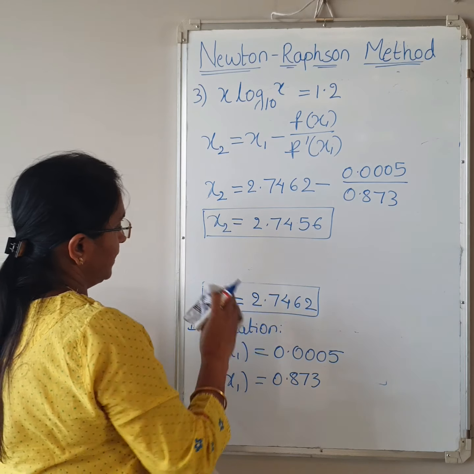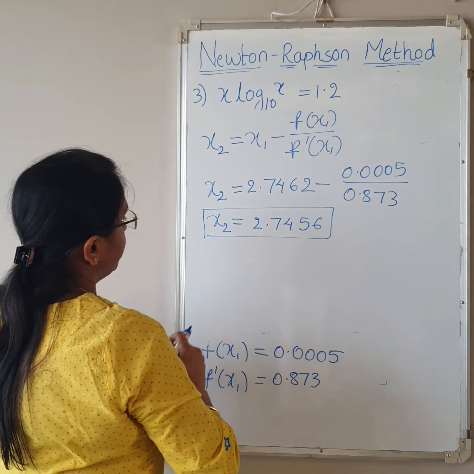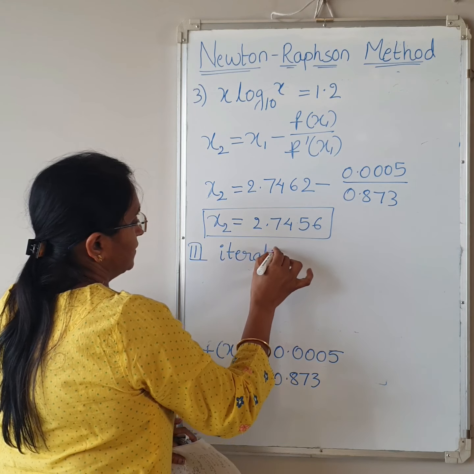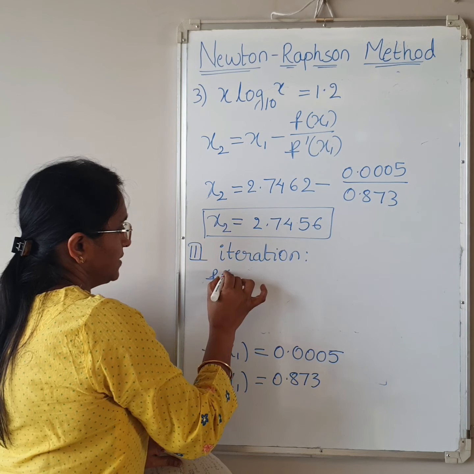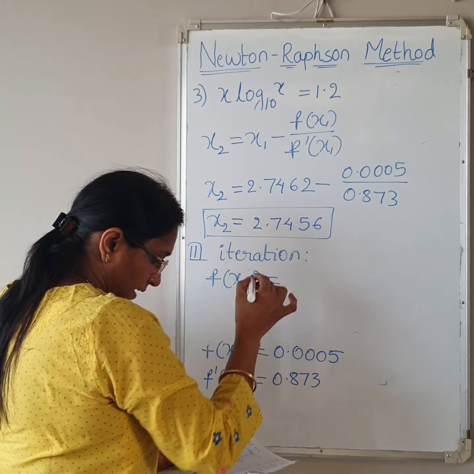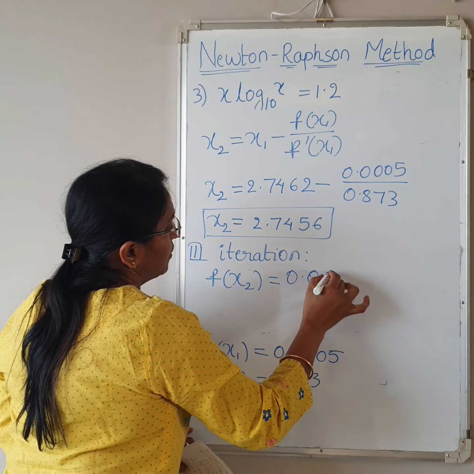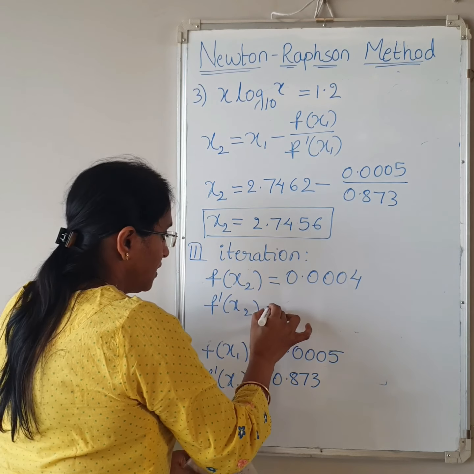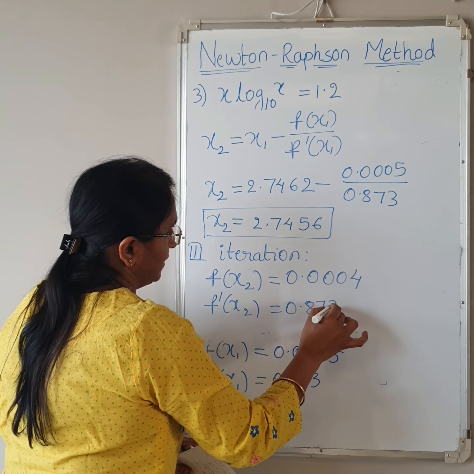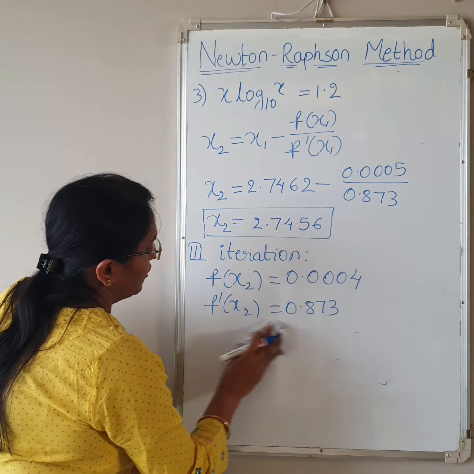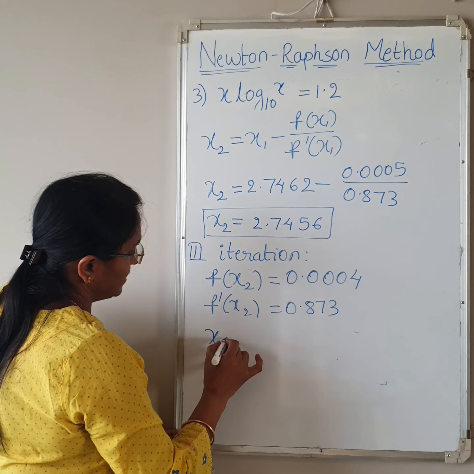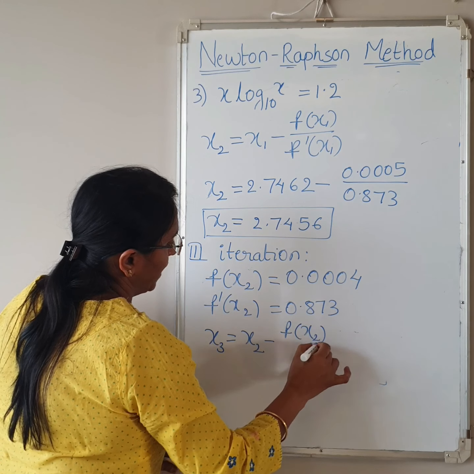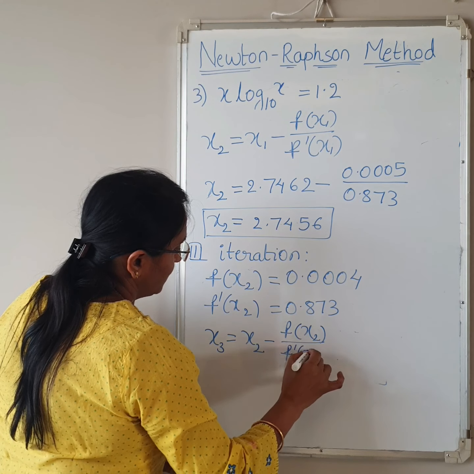Similarly, we will find the third iteration. Third iteration, f of x2 is equal to 0.0004 and f dash x2 is equal to 0.873. Again, we will write this formula and substitute there. x3 is equal to x2 minus f of x2 by f dash x2.